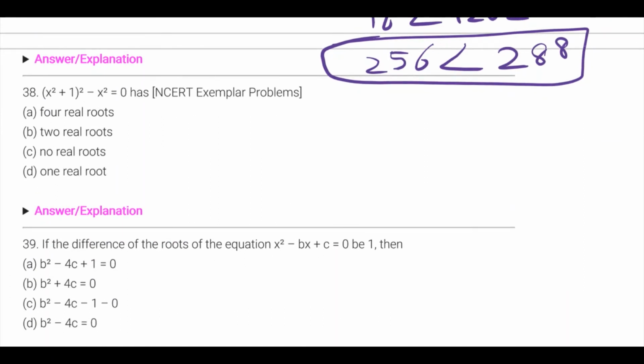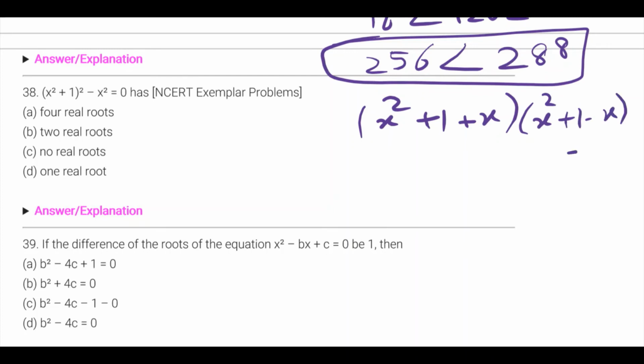38th question. x square plus 1 whole square minus x square equals to 0. So this I can split as x square plus 1 plus x into x square plus 1 minus x equals to 0.